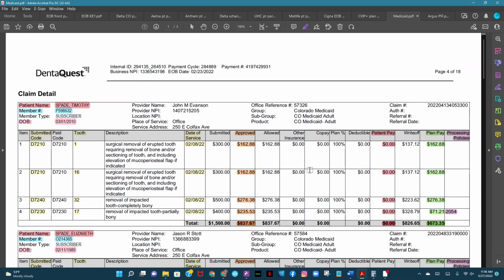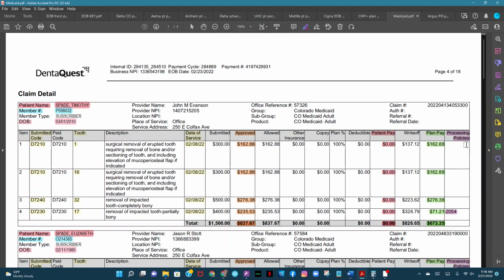Okay, now on to Medicaid. As you will see here for this first one, we have Timothy again with the member ID number and the date of birth there. Okay, date of service 2/8. Looks like he had some extractions done. All right. Looking here, we have insurance paid $673.35. Patient owes nothing here.